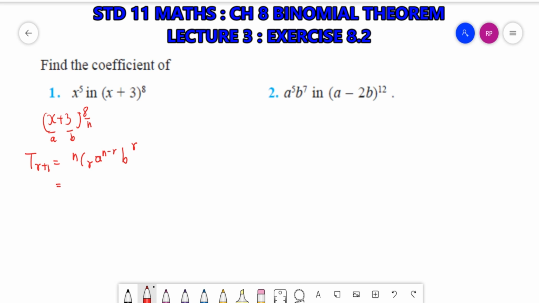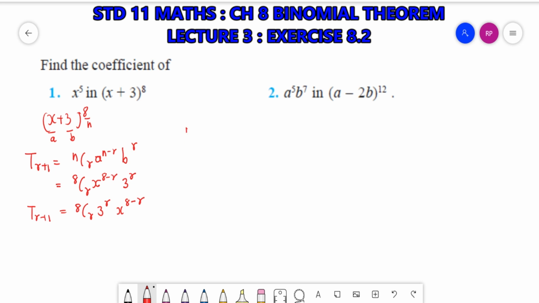So what is n? 8. 8Cr, a is x raised to 8 minus r, and b is 3 raised to r. Okay, so 8Cr into 3 raised to r, x raised to 8 minus r. We got this as T(r+1).